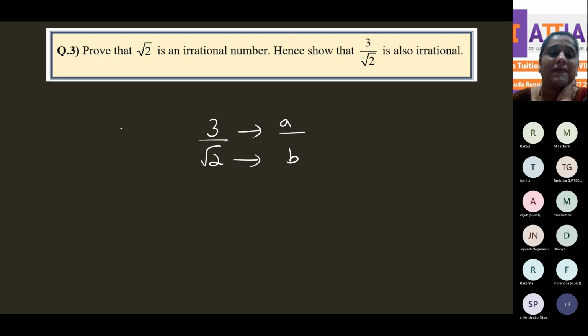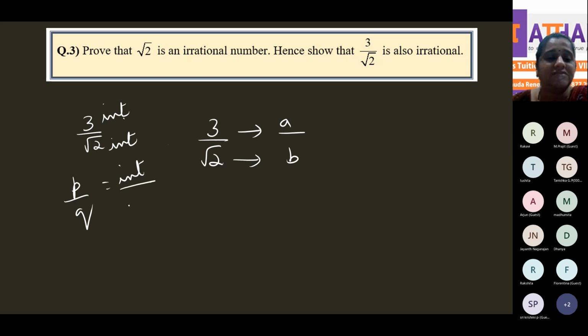Very good. So 3 by root 2 may look like something by something, but both the numerator and denominator have to be integers for it to be a rational number. When we say p by q form, it is integer by integer form, and integer by integer form is a rational number.